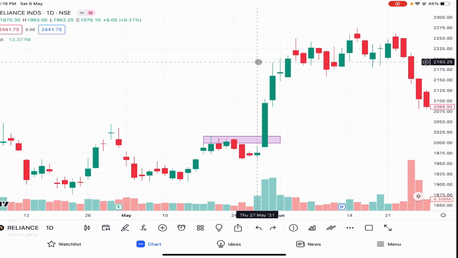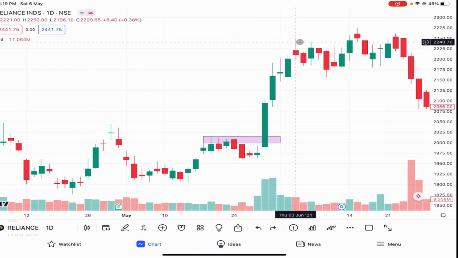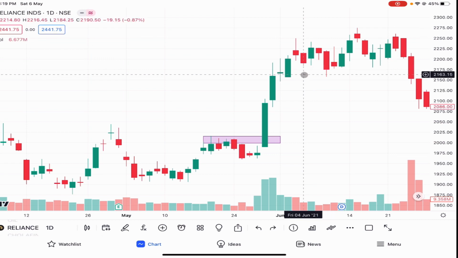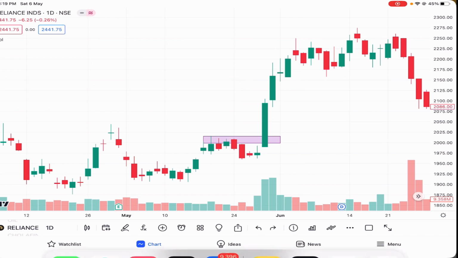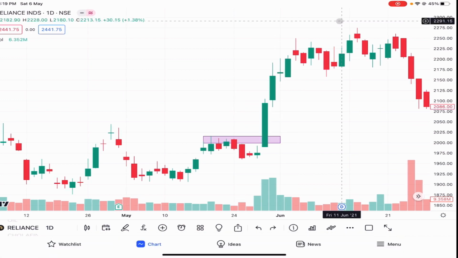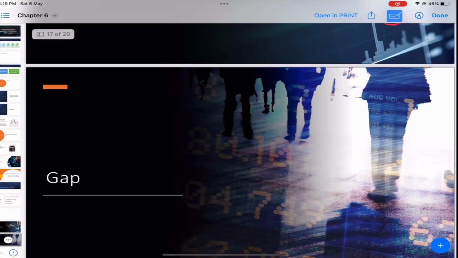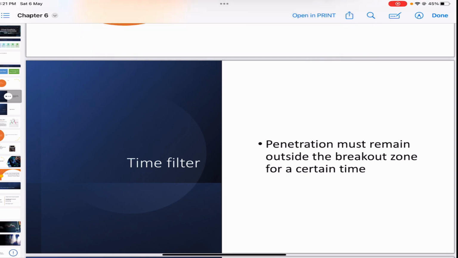Now if I would have entered over here, then the stock would have gone from 190 to, let's say, 270. Let's not go into that because we have more filters left. So I hope you understood that. This is near June. Alright, so that's my time filter.